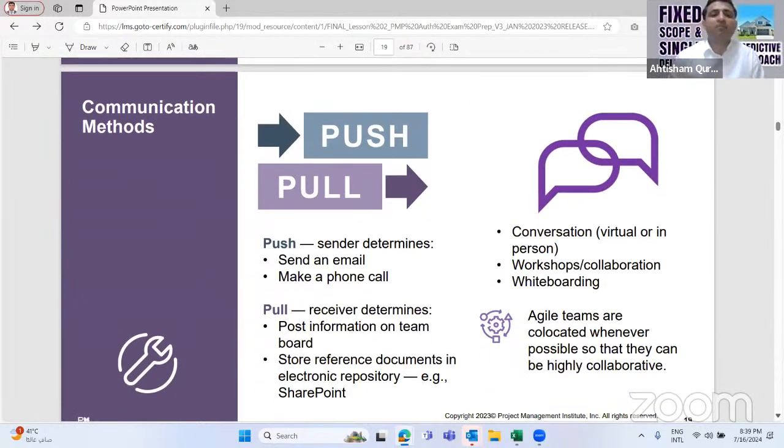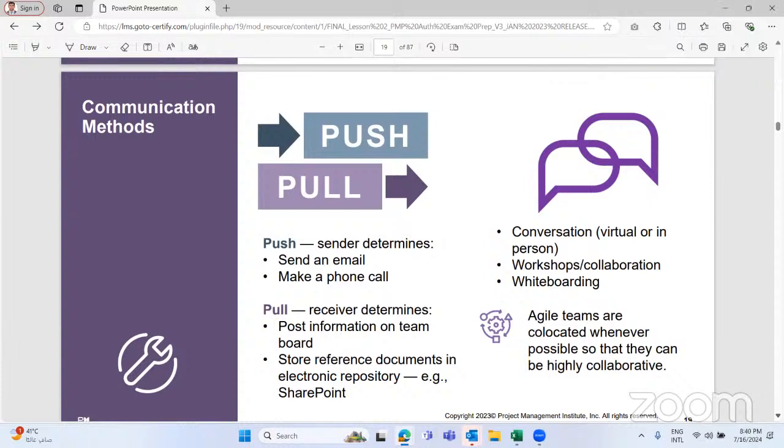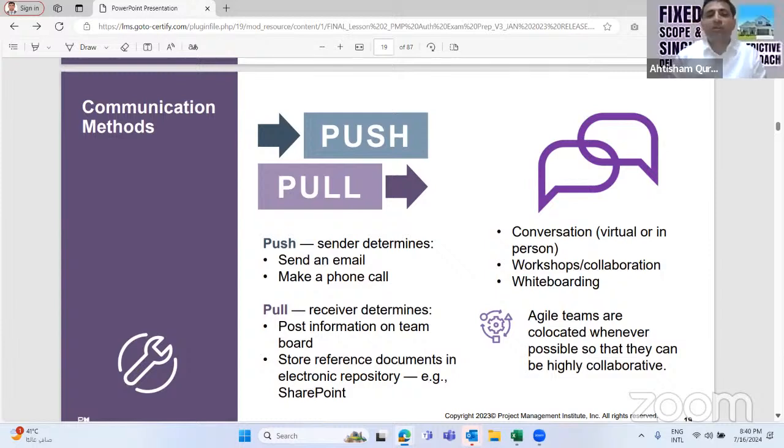So how can we make sure that the communication happens? Sometimes we need information and it is always available on a SharePoint, on a shared folder. So if some people want information, they can always go and pull it, right? Let's say the project status report for last week is already available in a shared drive. If some executive wants to know the project status, they can pull it. Make sense?